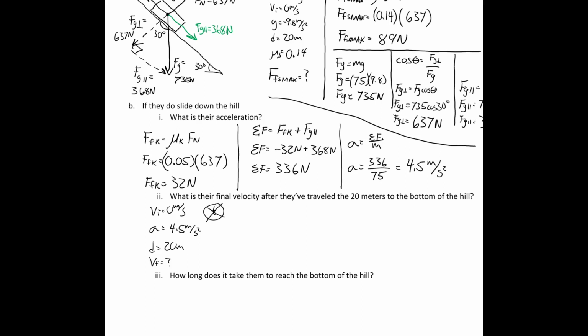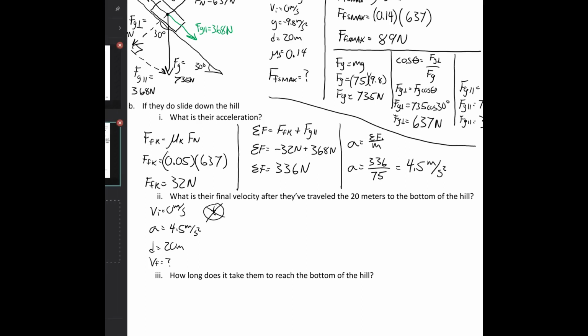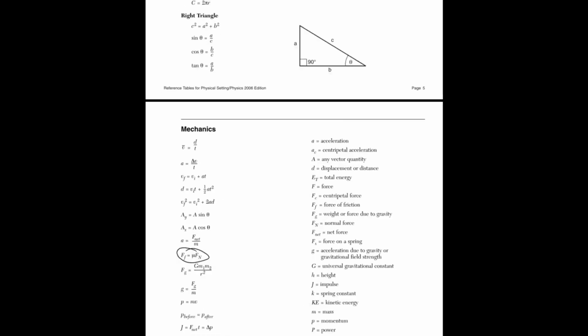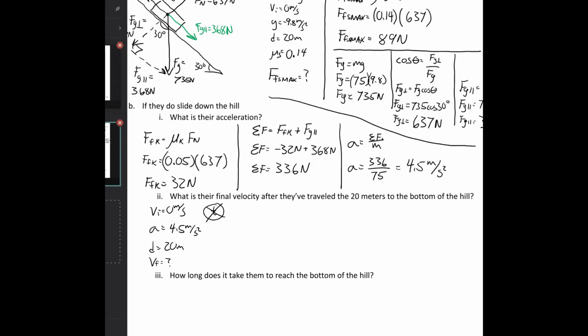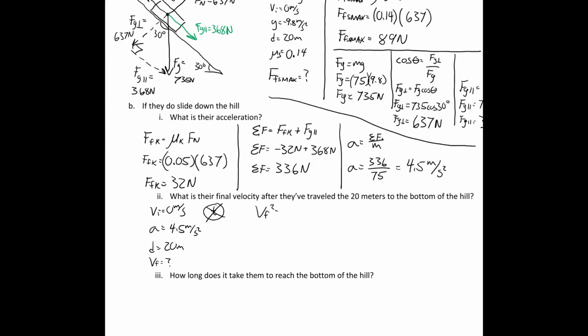So you look in your reference table for an equation without time. It's not this one. This has time, this has time, this has time, this has time. Here we go. VF squared equals VI squared plus 2AD. We're looking for VF.